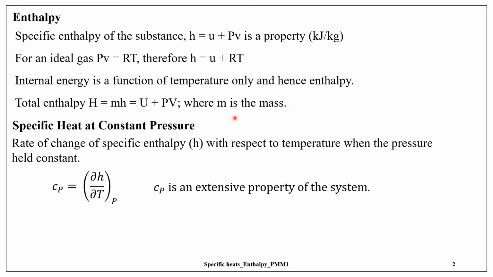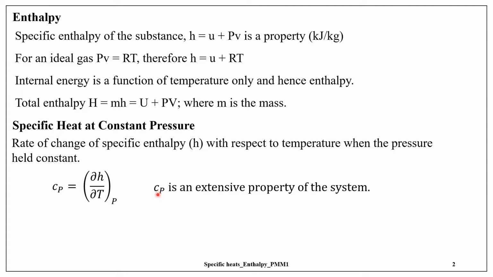Mathematically, we can write like this. Cp is the symbol for specific heat at constant pressure, which is equal to dou h by dou T with respect to pressure, that means at constant pressure.